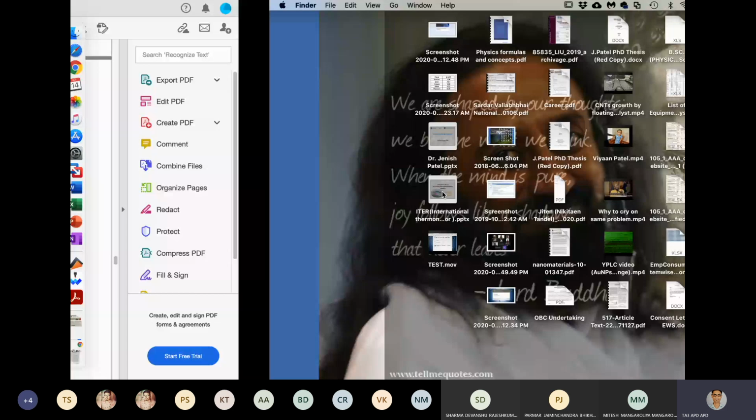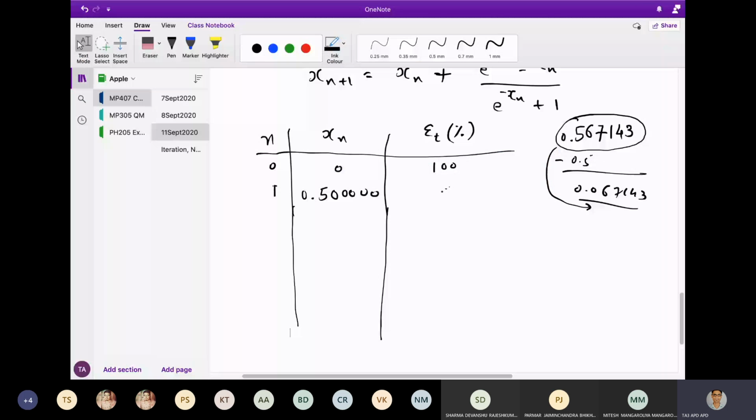Okay, so 11.83 percentage. So you see that it drastically reduces to this point. Okay, now the same thing if you compare it with the fixed point iteration method, the previous one, then it could have taken 2 or 3 more iterations to reach up to this much of error improvement.